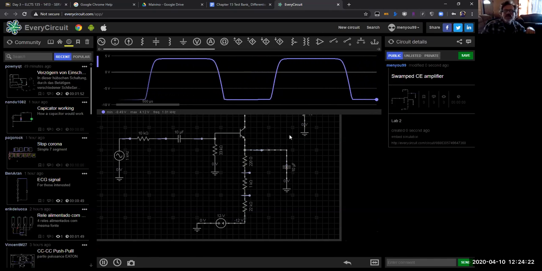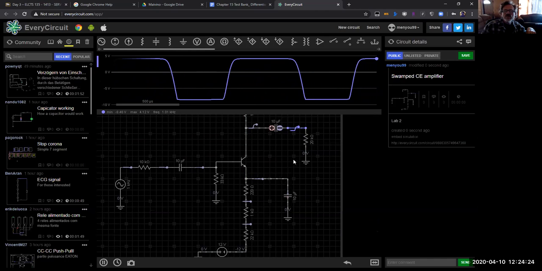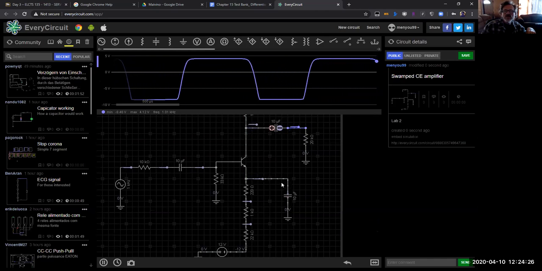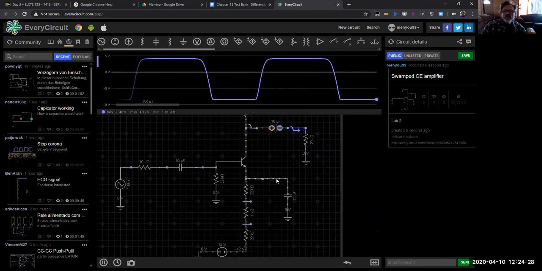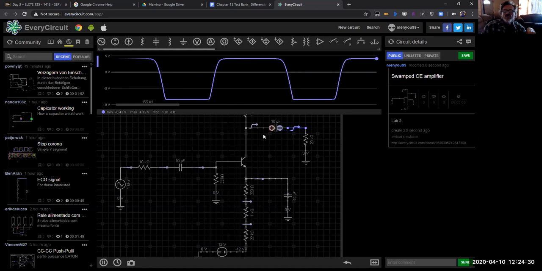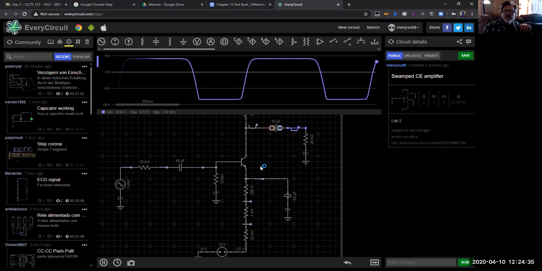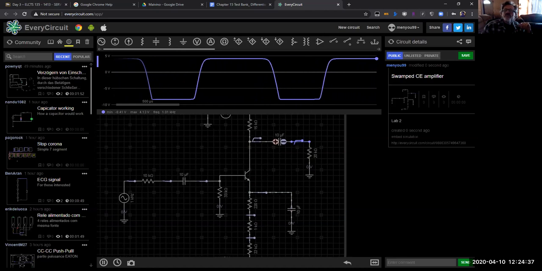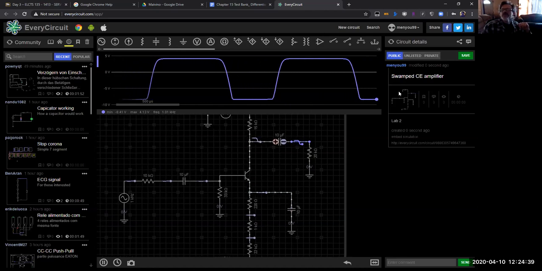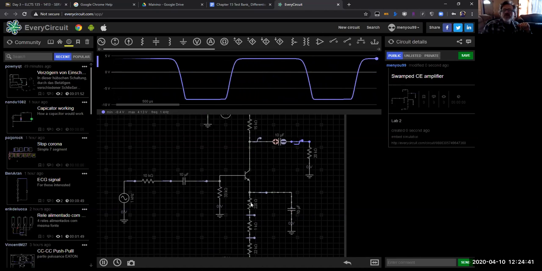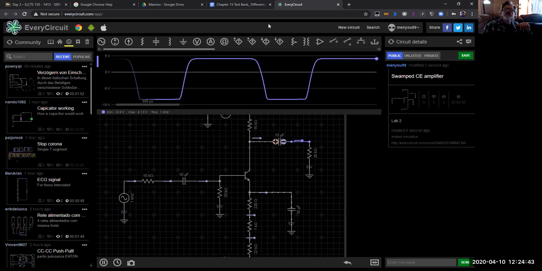Overall, it really doesn't change a whole lot with the circuit. Notice we're still going. See how the current reverses with the alternations of the signal? Essentially, that's our swamped CE amplifier. Okay, let's stop that.